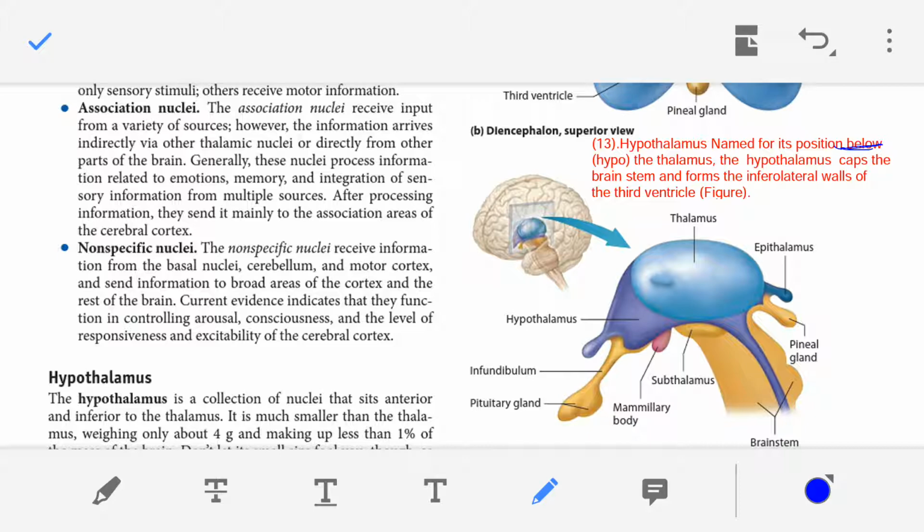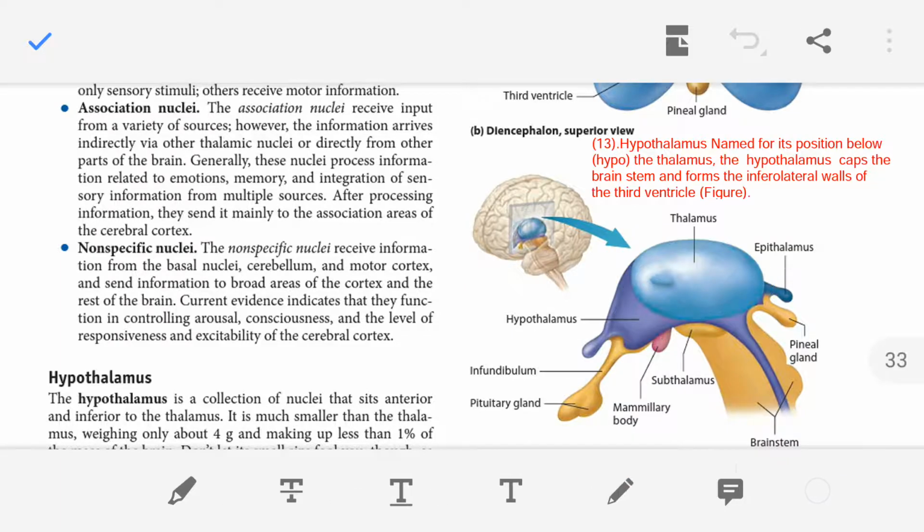So below the thalamus, the hypothalamus is present. For example, this one is the thalamus, and we know the shape of the thalamus is egg shaped. So below the thalamus, the hypothalamus is present. That's why the name hypothalamus is given to this part of the brain.